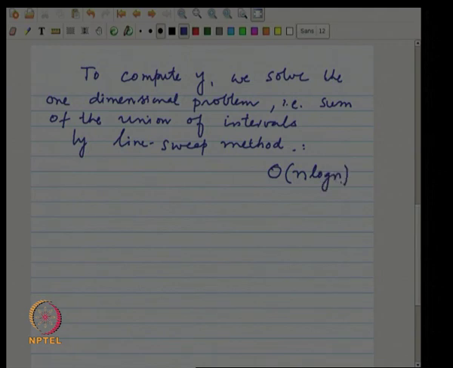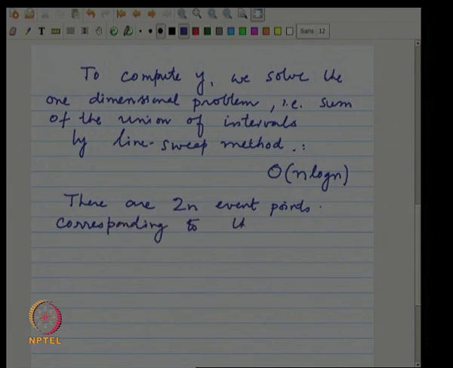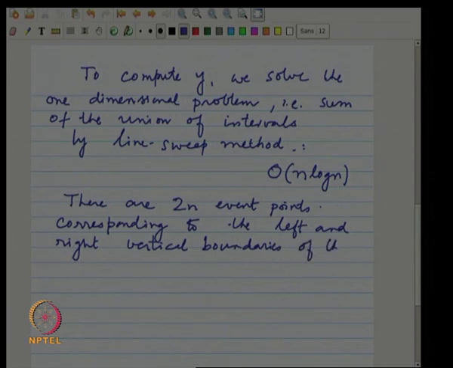And then there are 2n event points corresponding to the left and right vertical boundaries of the n rectangles, right.